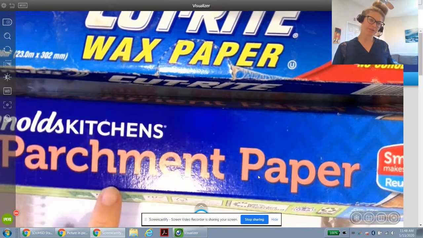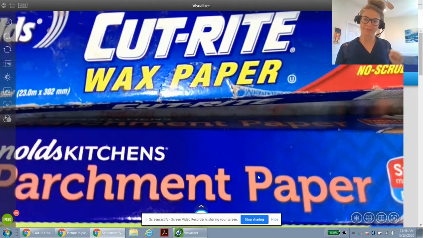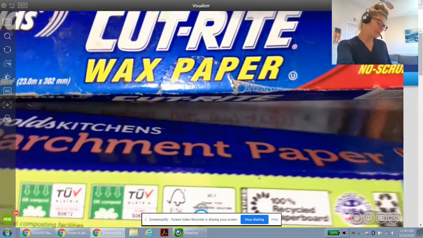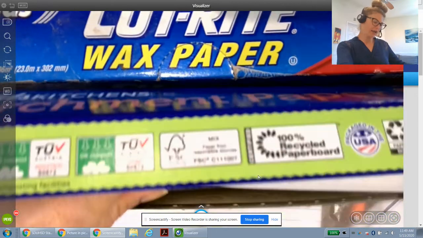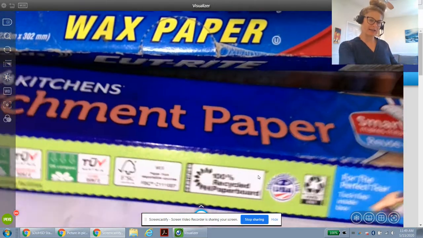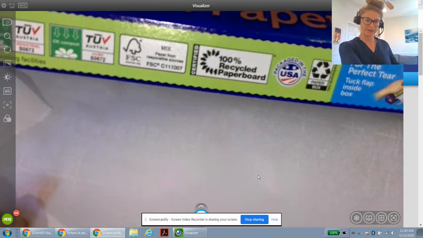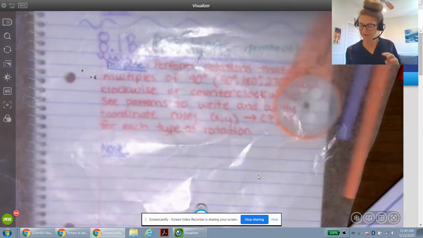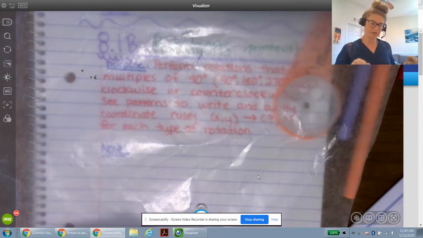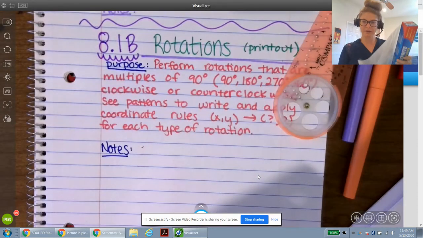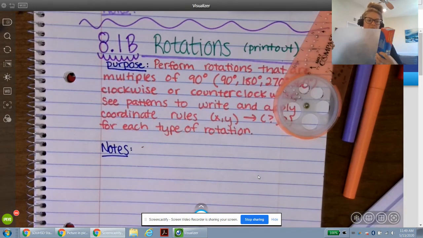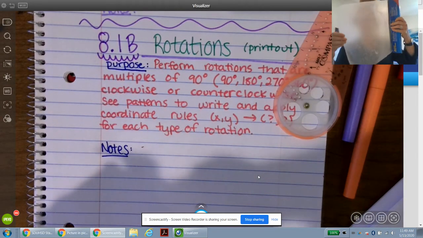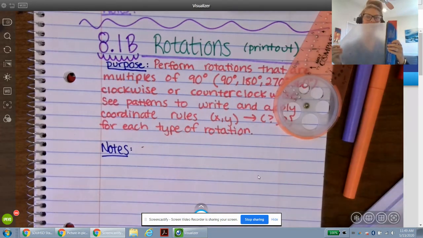You're going to need either some parchment paper or some wax paper today. My parchment paper isn't great for this because it has grids on it and words to help you cut it perfectly, so we're not going to use that. I'm going to be using wax paper. If you can use these little serrated parts, go ahead and do that.